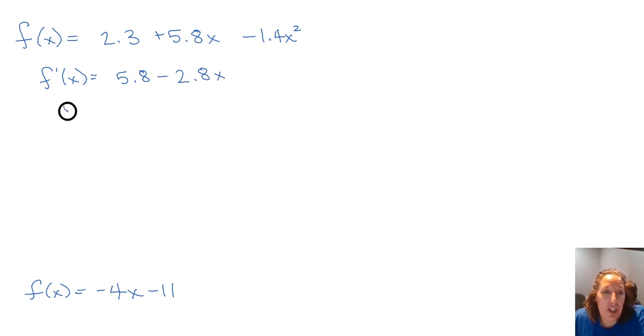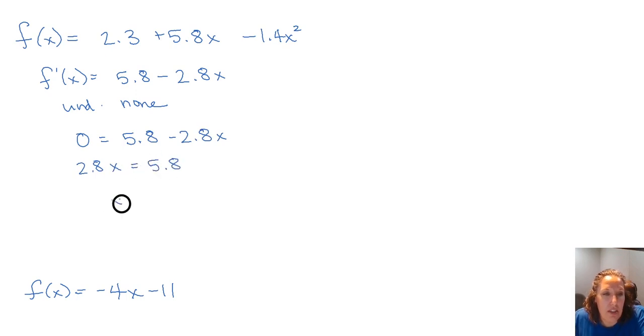All right, this function is never undefined. So we don't have any critical values that come from where it's undefined. It is equal to 0 when, let's see, we'll add 2.8x to both sides and divide both sides by 2.8.